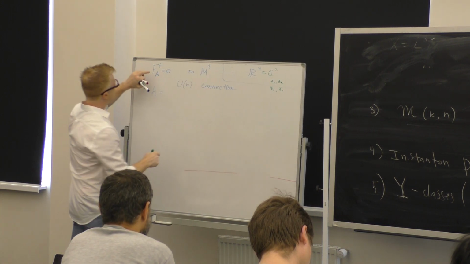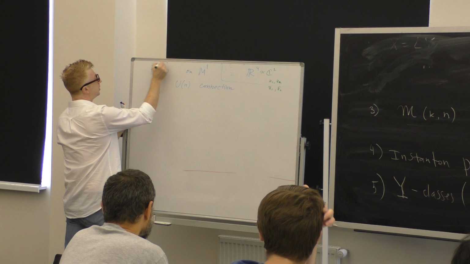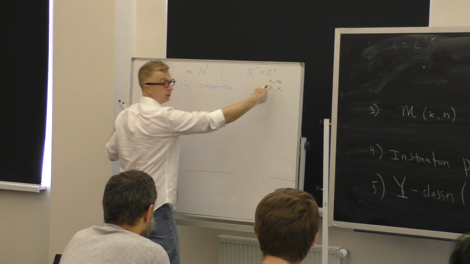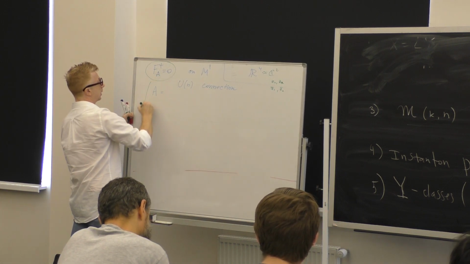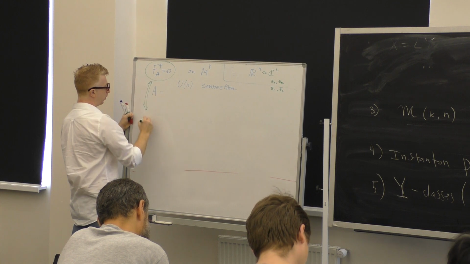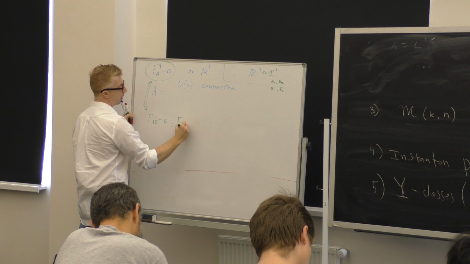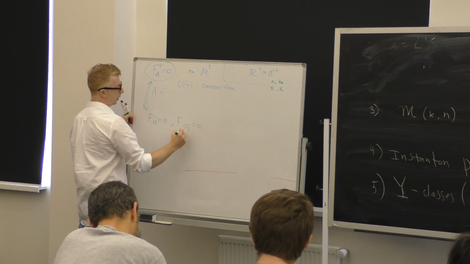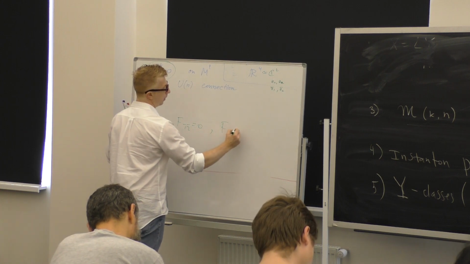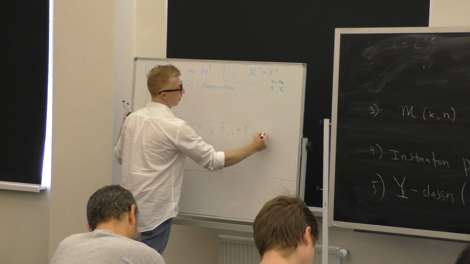It will be useful to say that this equation, if you rewrite it in terms of these coordinates, is equivalent to the following three equations: F_{1,2} is equal to 0, F_{1 bar, 2 bar} is equal to 0, and F_{1,1 bar} plus F_{2,2 bar} is equal to 0.